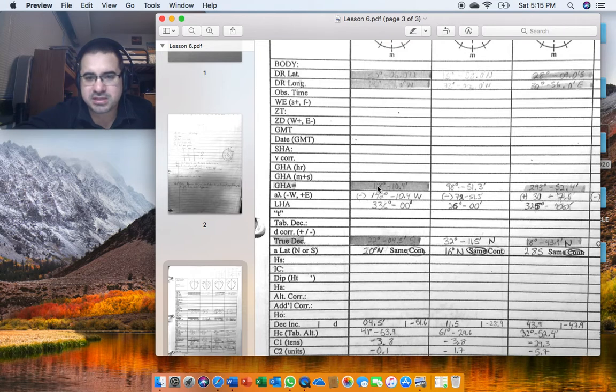And west, so you subtract it. So 118, 118 minus 142 is negative 24. So plus 360 is 336. That's how you got that, right? Easy peasy.